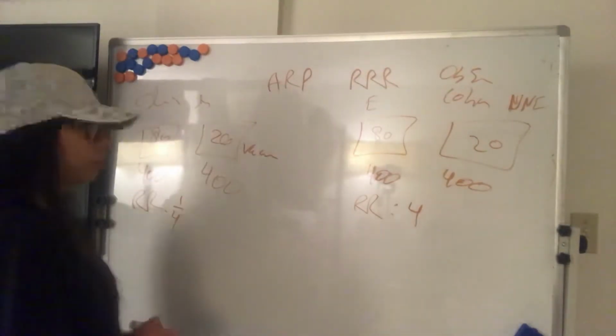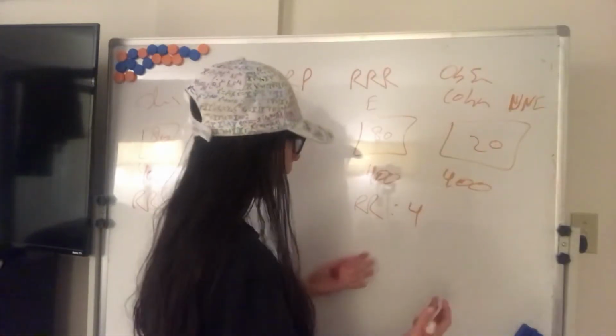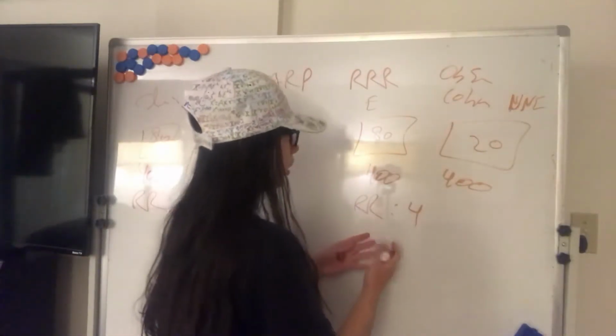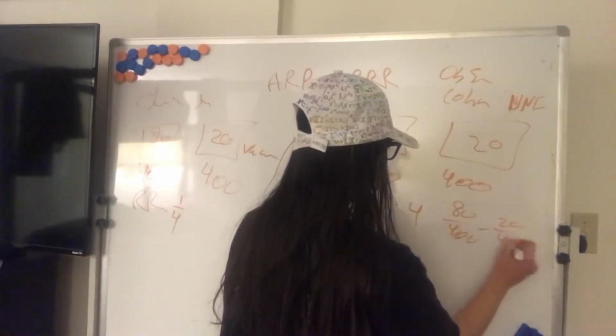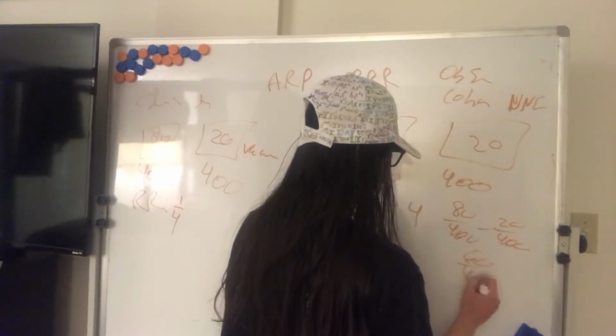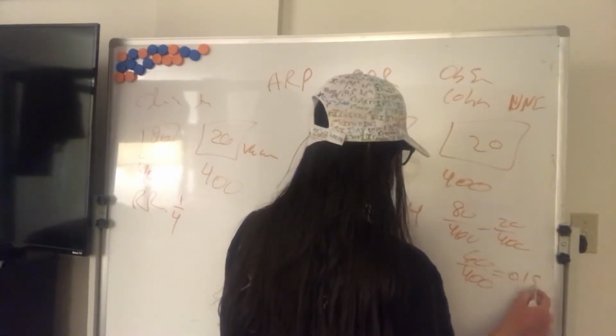Now remember that the attributable risk here is how much risk I can attribute to the exposition. That would be 80 over 400 minus 20 over 400. So this is 60 out of 400. And we saw that it was 0.15.